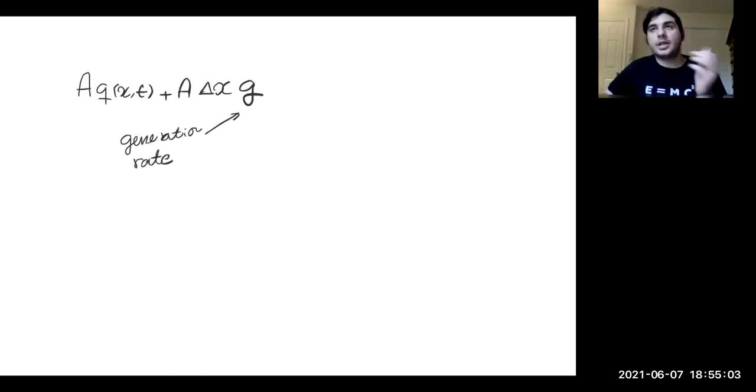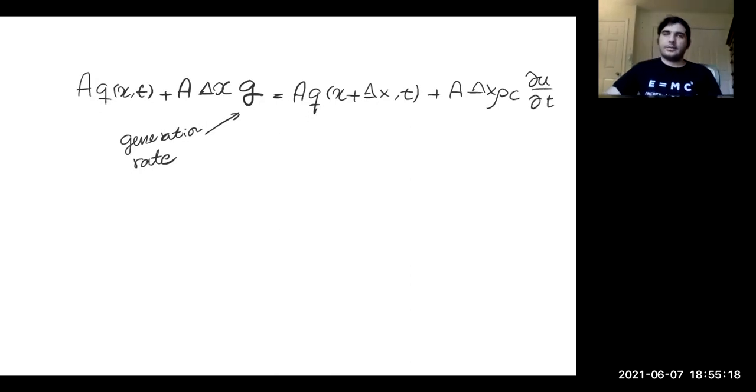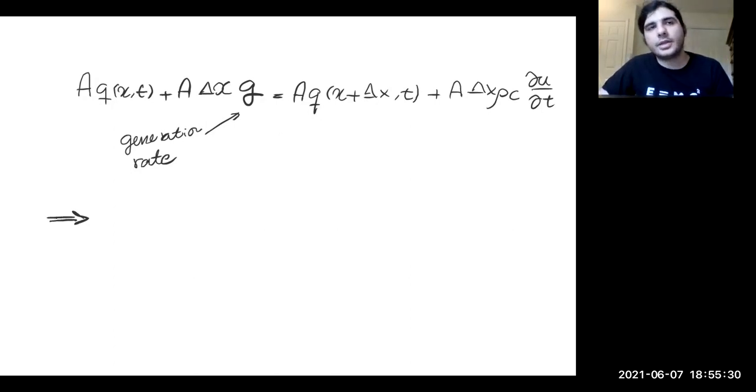How much heat is generated at each point is equal to A Q of x plus delta x, T plus A delta X rho C, derivative of U with respect to T. Okay. So I would take terms which have Q in them on one side and take everything to the other side.